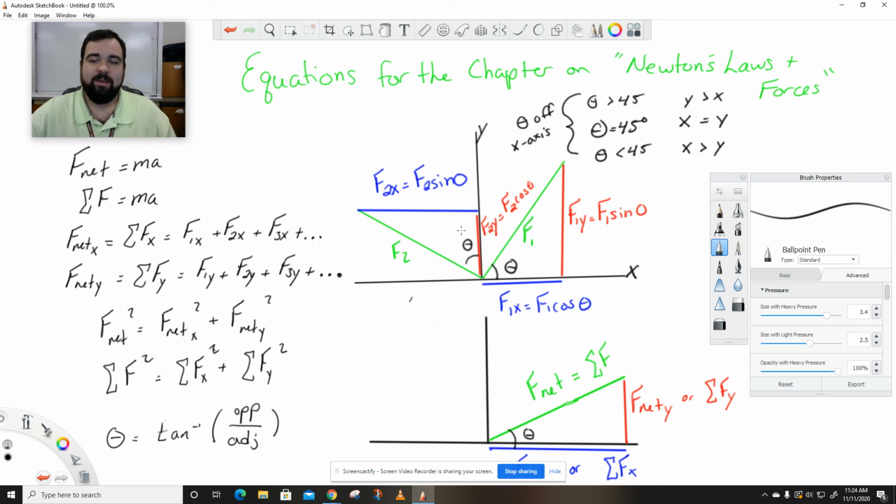So instead of using theta 55 or 60, I may use theta of 30, 35 down here, and then I can use my x off of the x-axis, my y off of the y, and use sine and cosine like I did over here. Sine for y, cosine for x. And that's basically a summary of the general equations we're going to start off with.